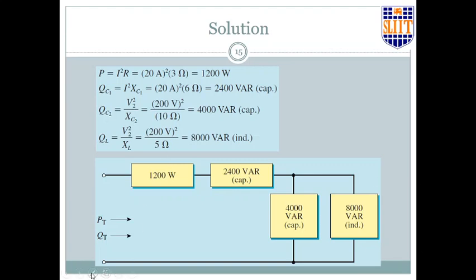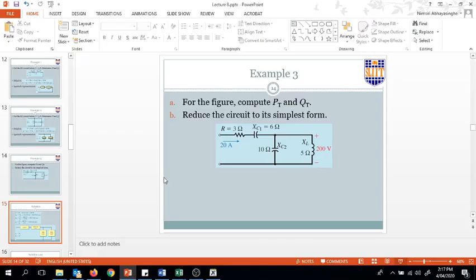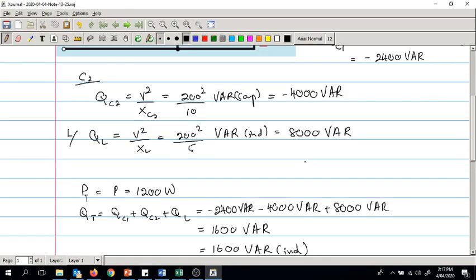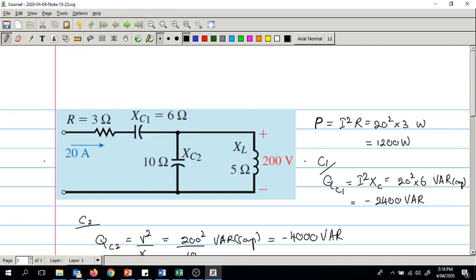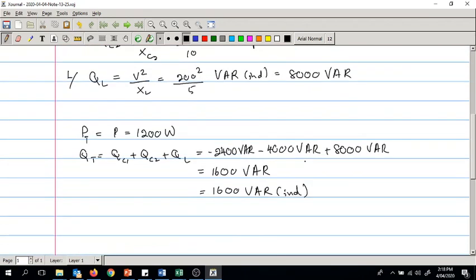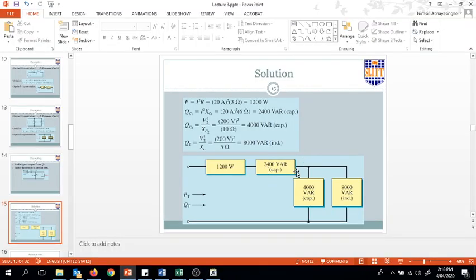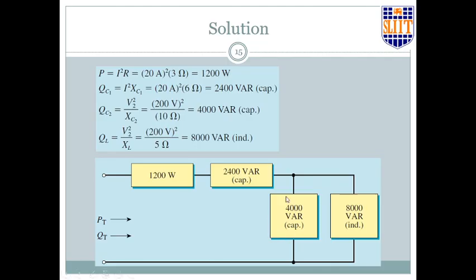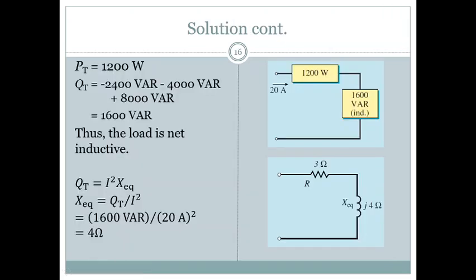So 1200 watts. Was it the case for us? I think so, we've not made a mistake, I guess. Yes, 1200 watts, and 2400 VAR capacitive, 4000 VAR capacitive, and 8000 VAR inductive.